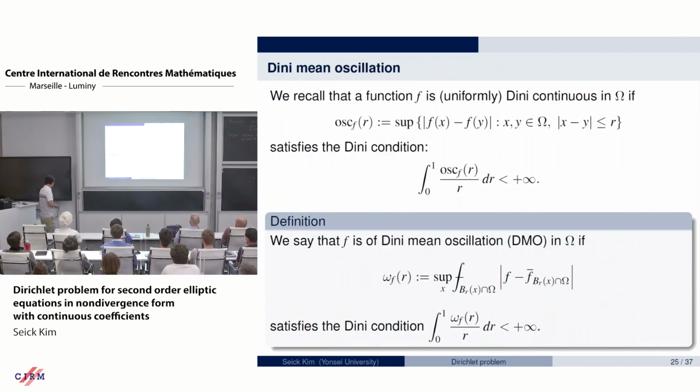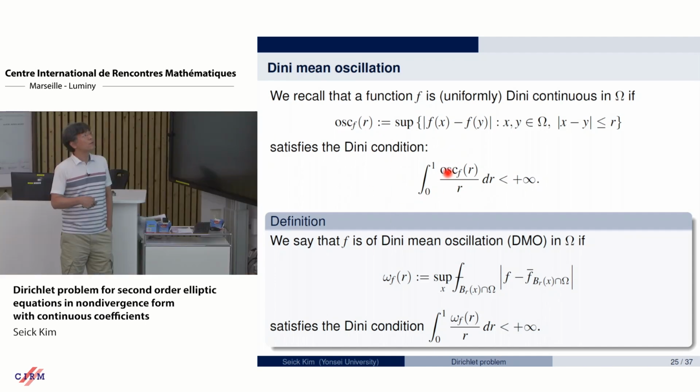Now, let me explain our main result. Before that, I have to introduce the concept of Dini mean oscillation. Before I introduce that, what is Dini continuity? Uniform Dini continuity is this. This is the oscillation function of f at scale r. You take all the possible differences, as long as |x - y| is less than or equal to r, and you take the supremum.